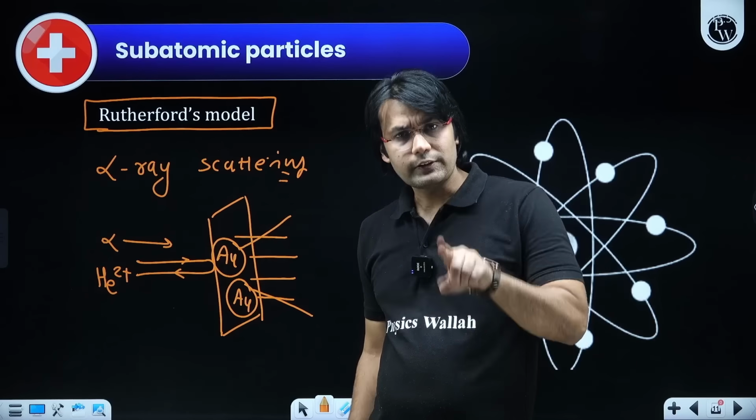Sometimes you will get the same value of n plus l. If n plus l values are equal, then the one with the higher value of n will have more energy.